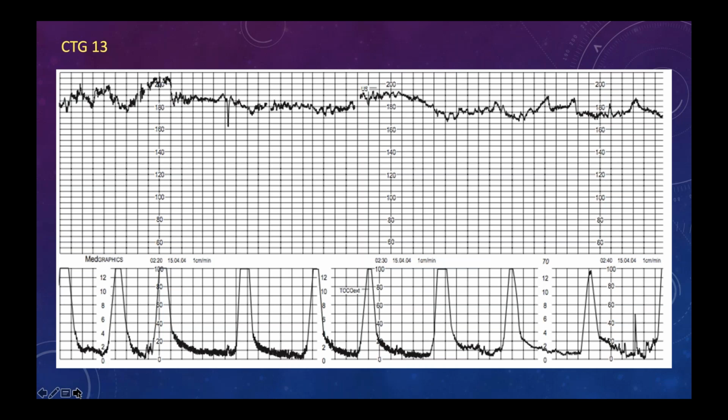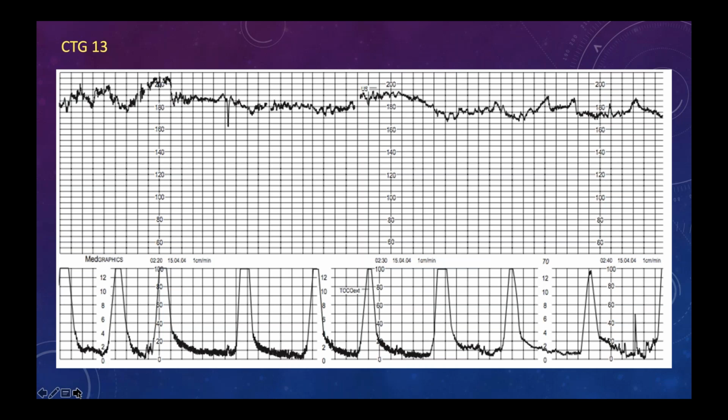Coming to the baseline variability, it is tachycardia with around 180 heartbeats, and in some places it is going to around 190 between the contractions. Then you have no accelerations, and coming to here you have one acceleration.